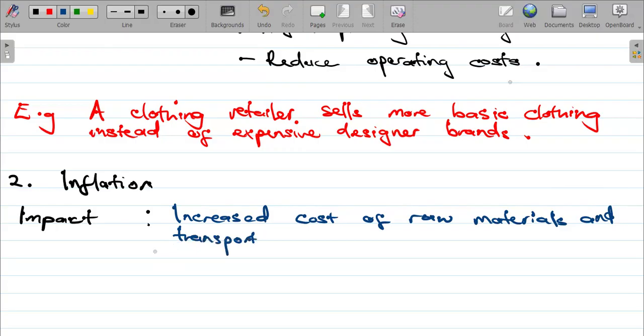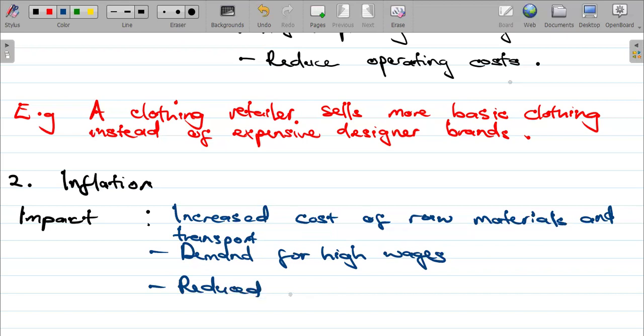You can find that demand for higher wages will be high, as well as reduced profitability, since the operating costs are high, right? So the profit will become low since the operating costs are high, right?